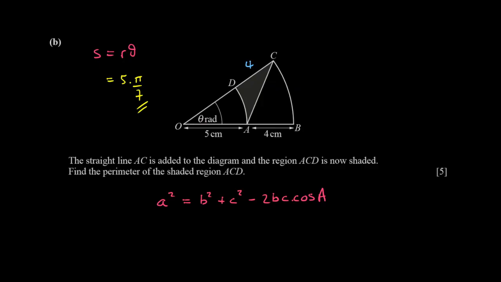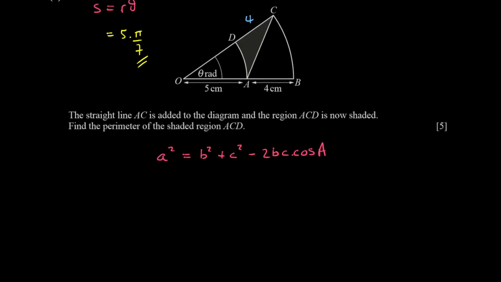So all we're going to do is just substitute in. So b squared is 5 squared plus 9 squared minus 2 lots of 5 times 9 times the cosine of the angle, which we found out was pi by 7. And so that length there is the length AC. So AC squared is that.